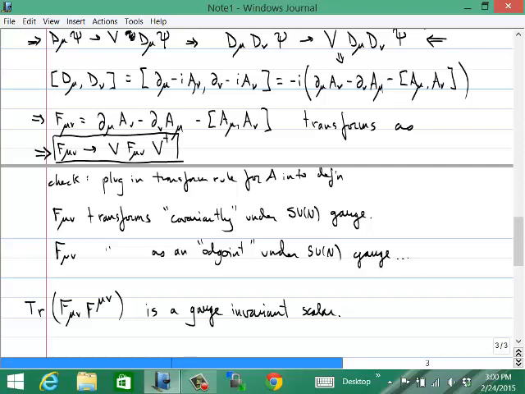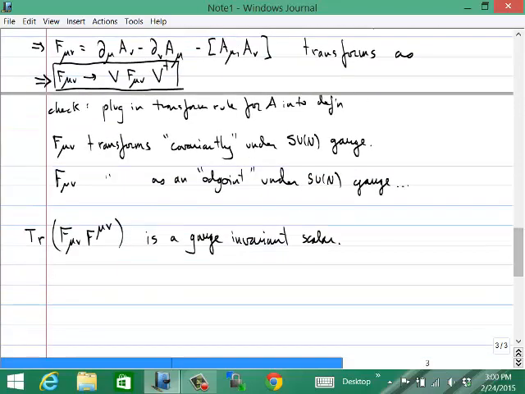Okay. So remember, in general relativity, one definition for the Riemann tensor is that it's the commutator of two covariant derivatives acting on a vector.